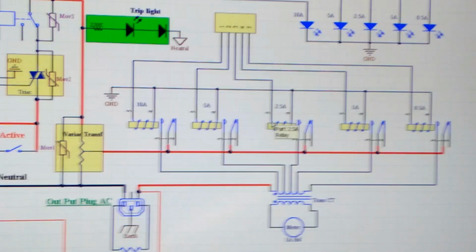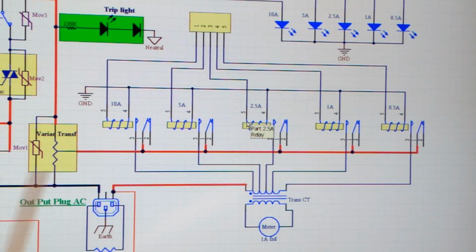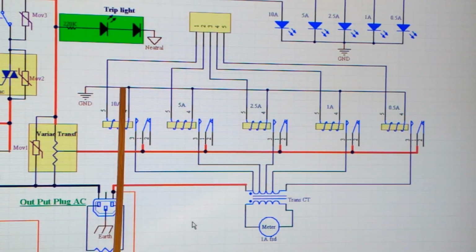Here is my relays for the scale to change the current transformer tapping through the relays. And the microcontroller is turning off and on one of these relays automatically, depending on what the current is.